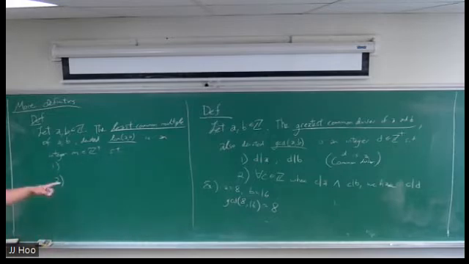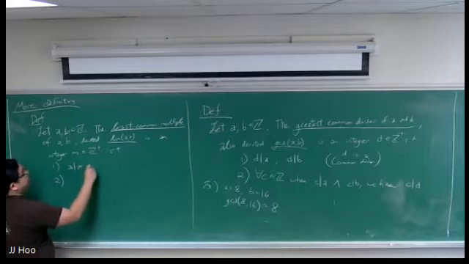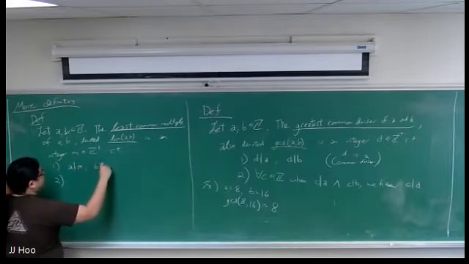And you'll see that this is almost the exact same thing, right? I want it to be a common multiple of A and B. So I'll have that A divides M and B divides M.